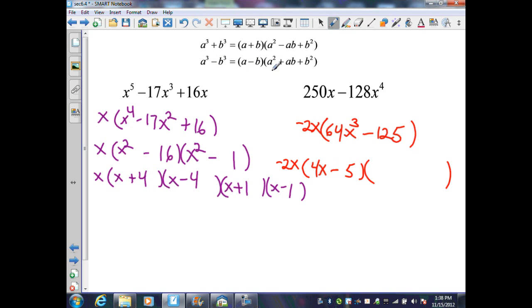Now I need a squared, which is going to give me 16x squared, plus a times b, which is 20x, plus b squared, which is a positive 25. And it's positive because in our format, that's what it should be, a positive. And here, this is factored completely.